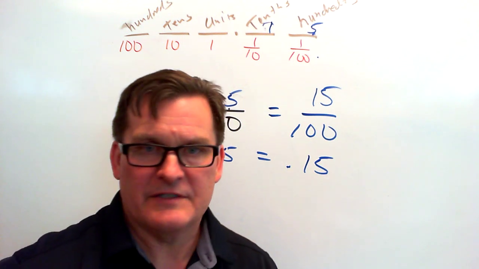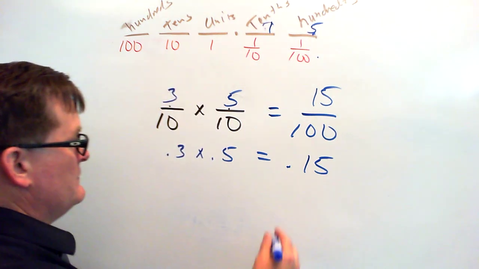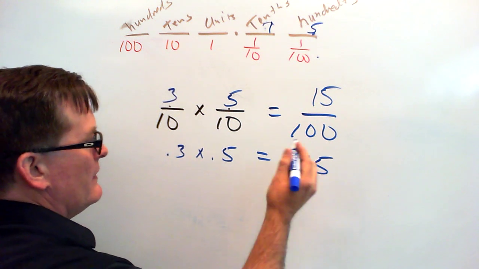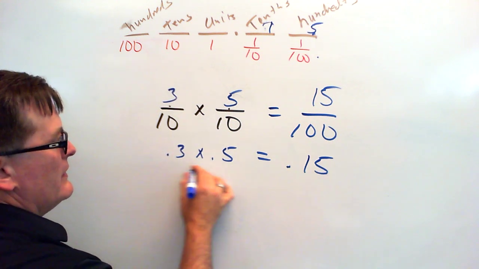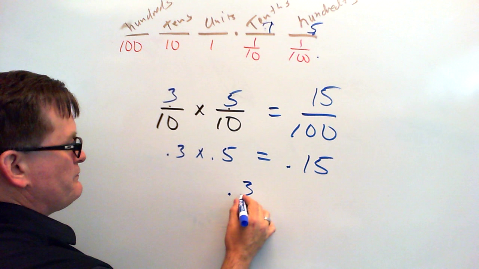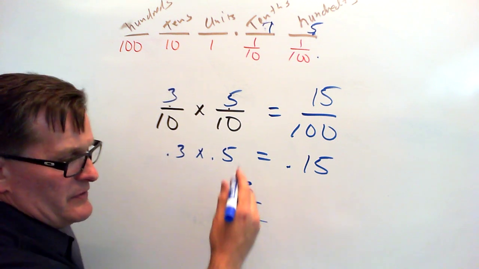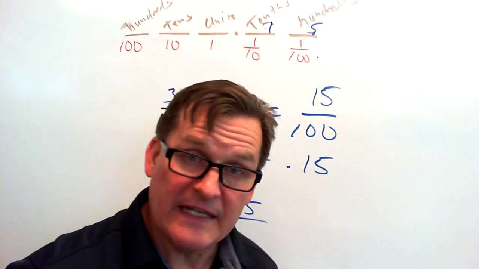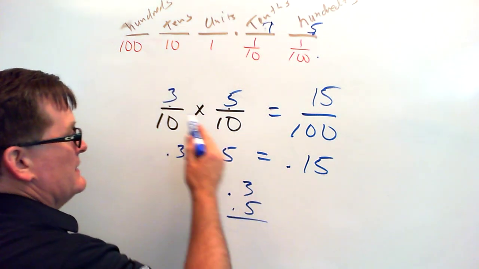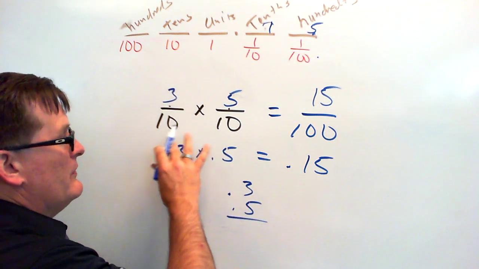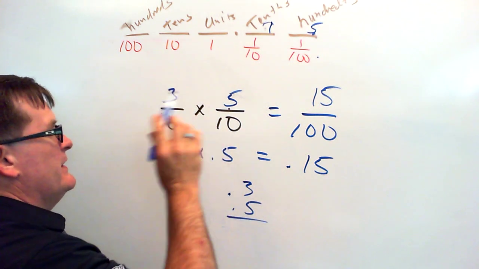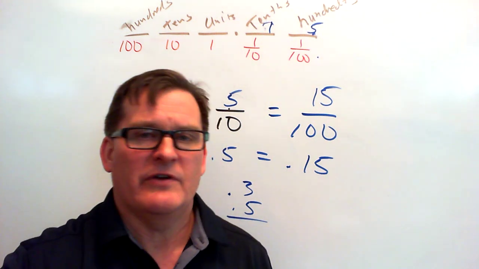Hopefully you've had a lot of practice with naming and writing decimal numbers this way. If you have, it's pretty straightforward here. So when I multiply 0.3 times 0.5 using the standard method, which is what you're going to use from now on, because again, this works, but to a point, and when these numbers get bigger, the denominator is no longer 10. You have to create common denominators.